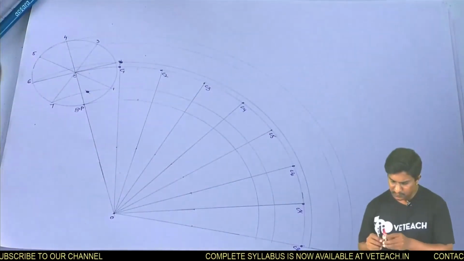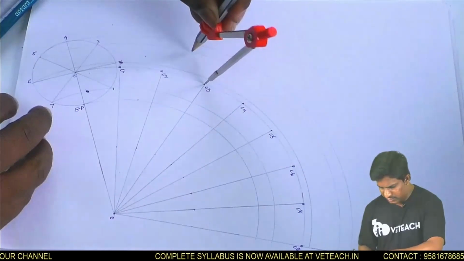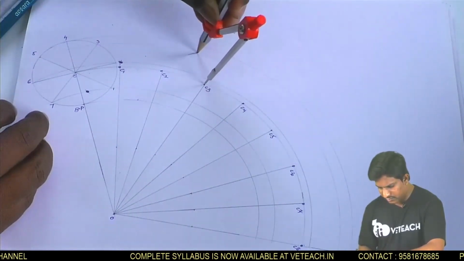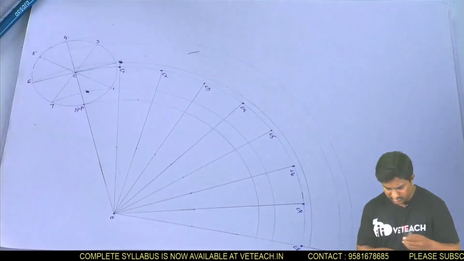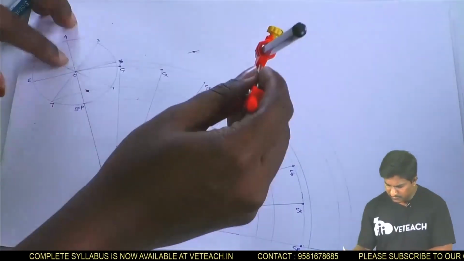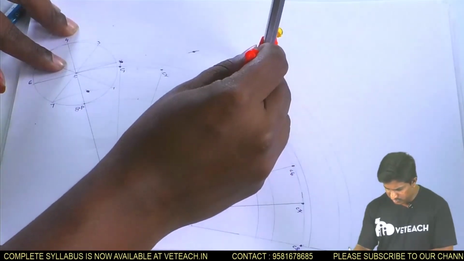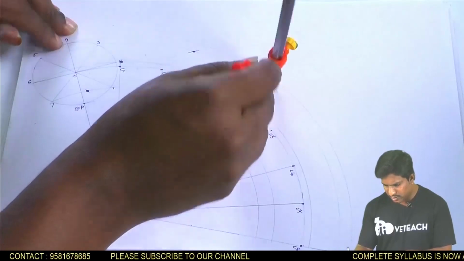This is the second point, and from C3 cut an arc on the third point, and from C4 you will get the exact top straight point.